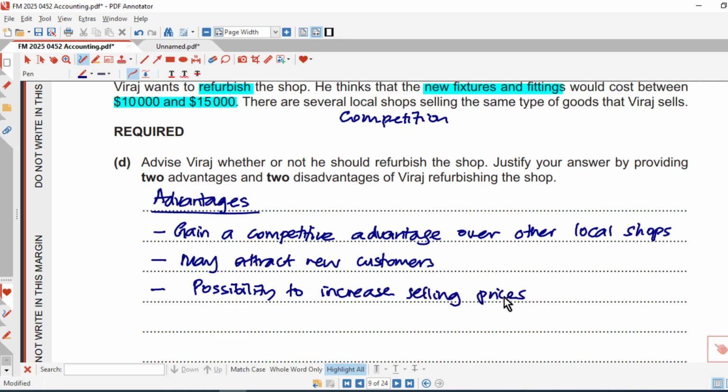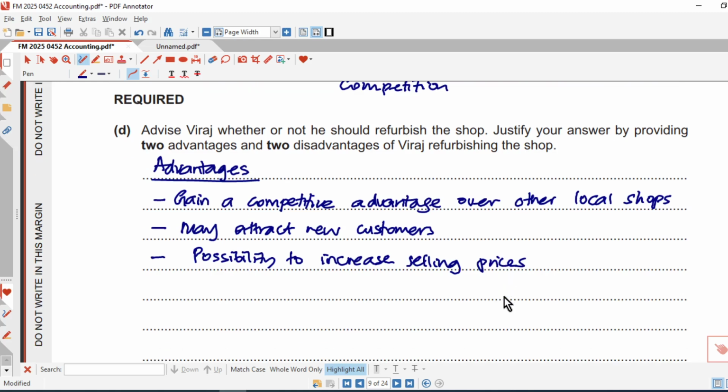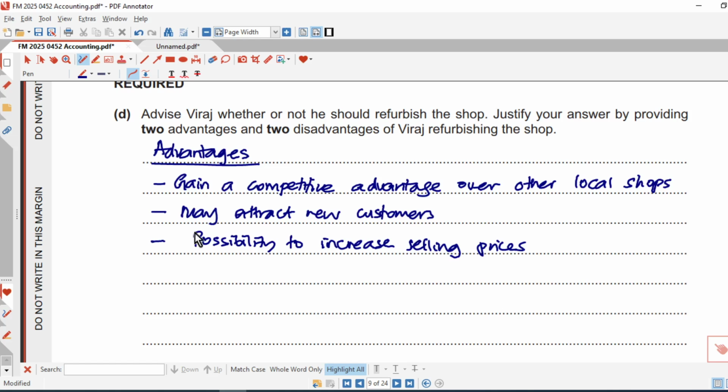Some people may pay higher prices for a more premium environment. Why do some people pay for toilets? I mean, there are public toilets, but some people choose to pay to enter a toilet, premium toilets. It's all because of the environment. So, I mean, we can't say that, no, people go for cheaper stuff. Some people want the environment. So, it is a possibility you could increase your selling prices.